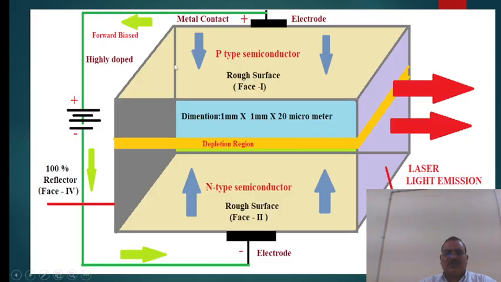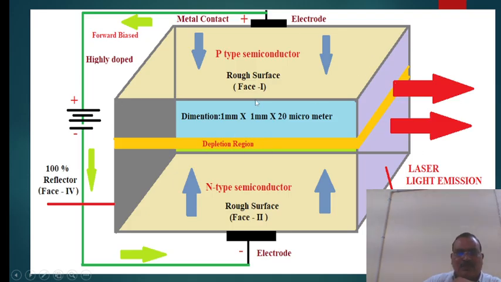So this is one of the best figures I have made to understand this. From this to this is your p-type semiconductor, sandwiched with n-type semiconductor, and the junction in yellow is the depletion region.